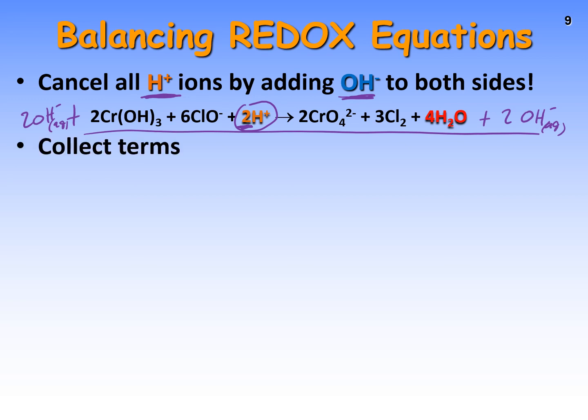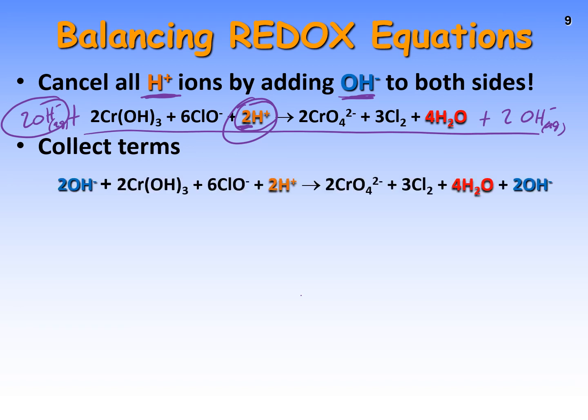Then I got to collect the terms. What I mean by that is if I have 2 OH minus here and 2 H plus here, we can bring those together and form H2O, right? So this goes away and we get 2 H2O liquid on this side without that and without that.